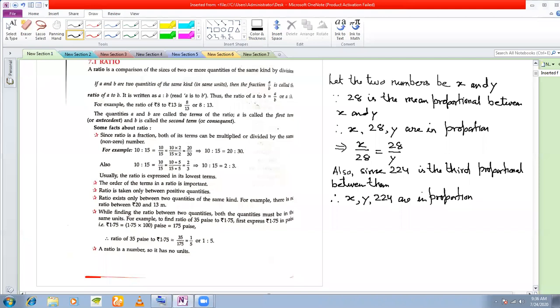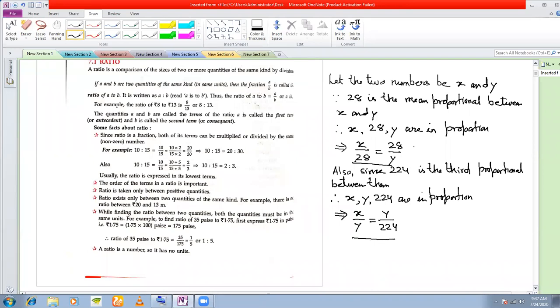Okay, so therefore this means x by y must be equal to y by 224. Okay, so from here we get one equation, and from this we'll get another equation which we have to solve.